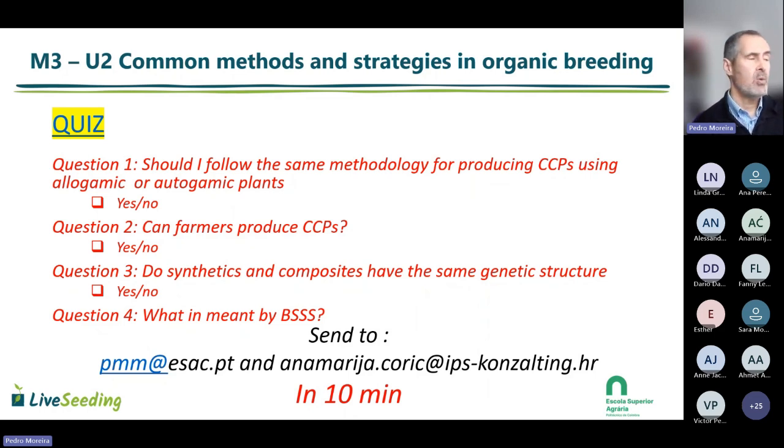For instance, one of the issues is that they can select for short years. That means they can have long years and short years. And generally short years are associated with decreasing yield.